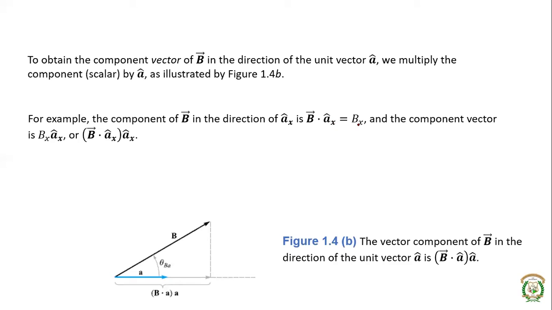B dot ax will give you just bx, because the ay and az components are 0 in ax, there is only ax, so you get only bx. So the component vector is b dot ax multiplied by ax, which is nothing but bx ax. That means you take the scalar component, multiply it by the unit vector, and you get the vector component of the given vector in any given direction.